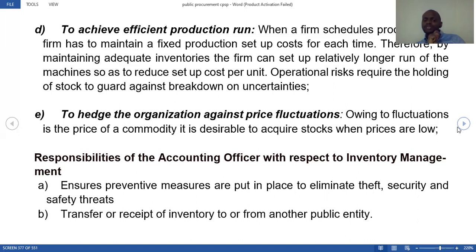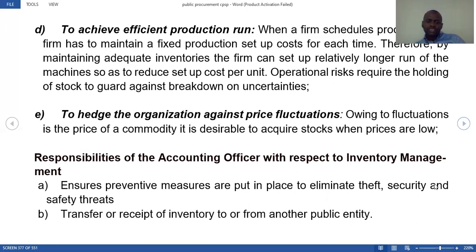Or in the ministries, we say an accounting officer is the principal secretary of the ministries. So what is the responsibility of an accounting officer? Number one is to set various measures that will help to eliminate issues of theft, security, and safety within the organization.